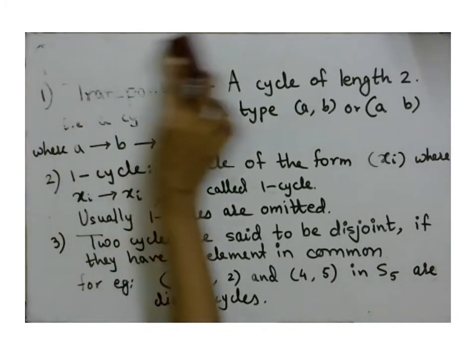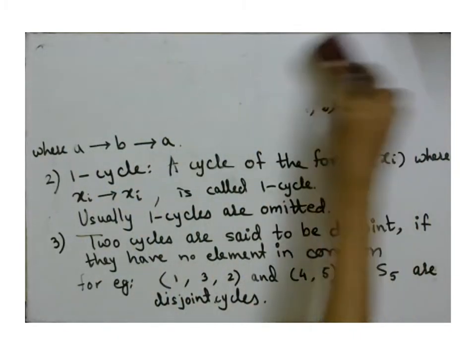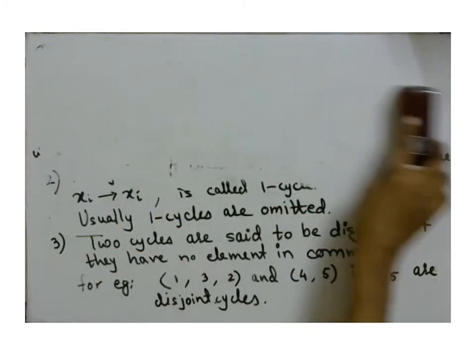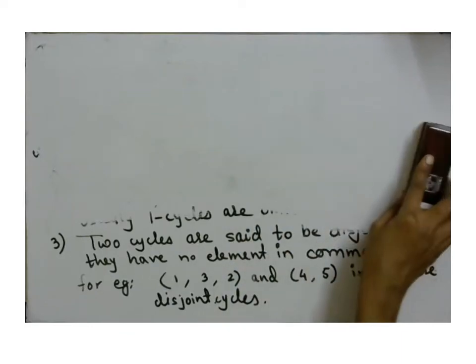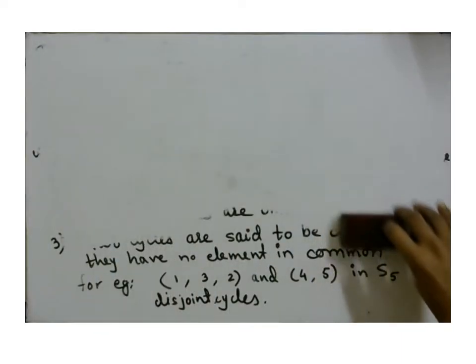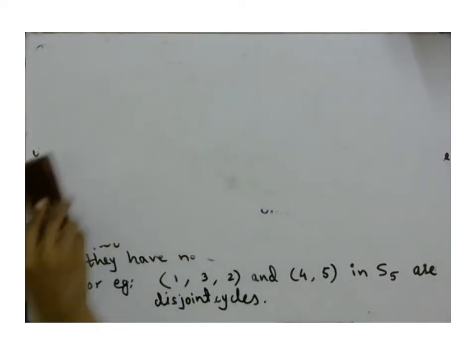Now let us see how to convert a permutation into cyclic notation with the help of a few examples.